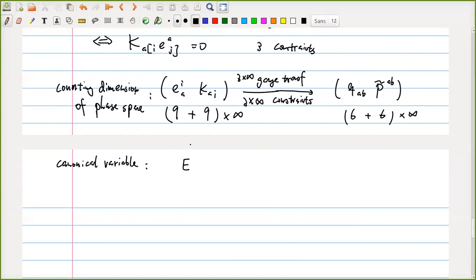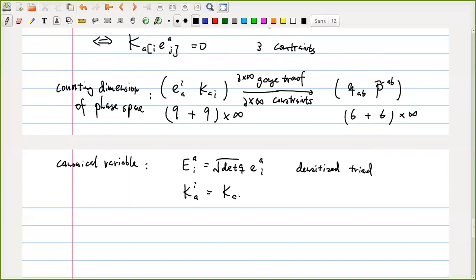Firstly, we define something called the densitized triad, E^a_i. From now on I put the density without a twiddle, because that's complicated. I don't want to put a twiddle on densities. This is called the densitized triad.